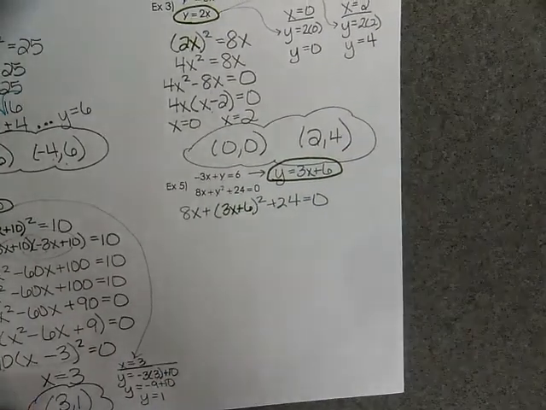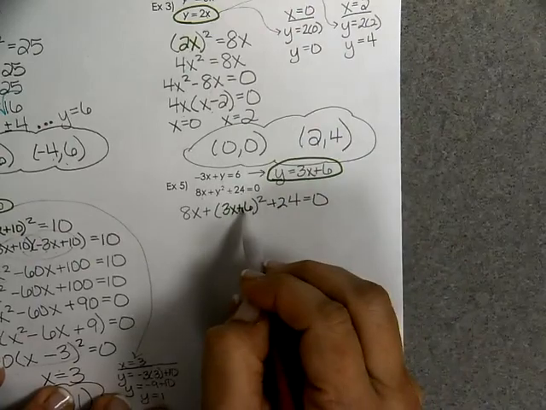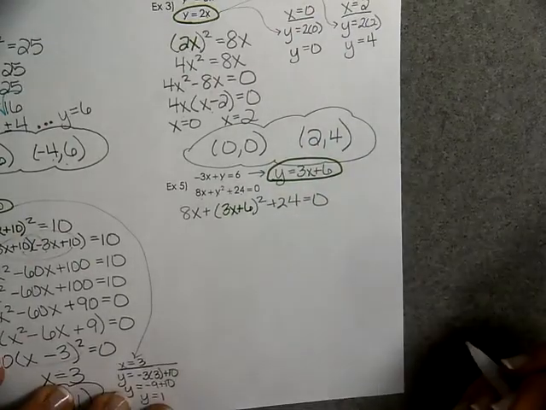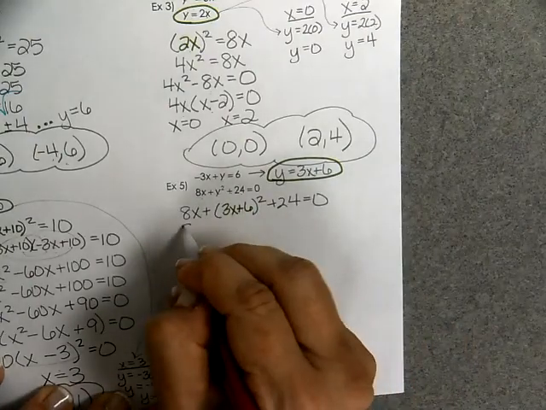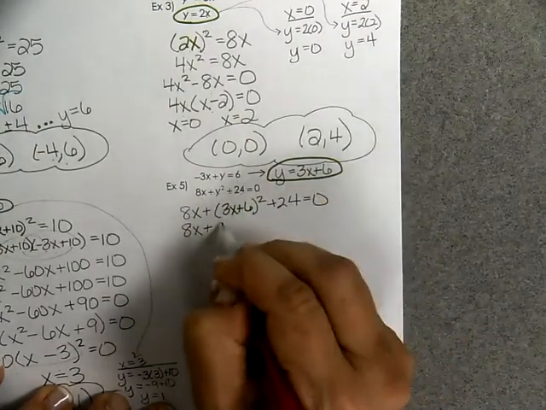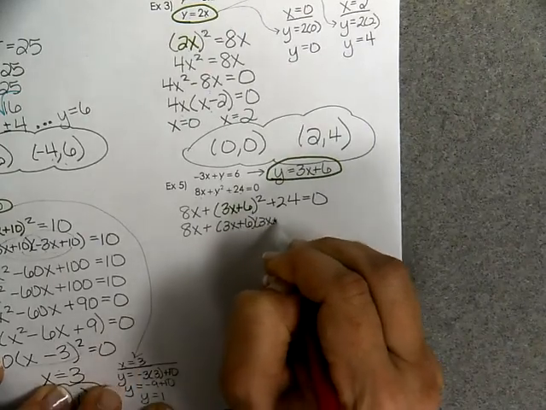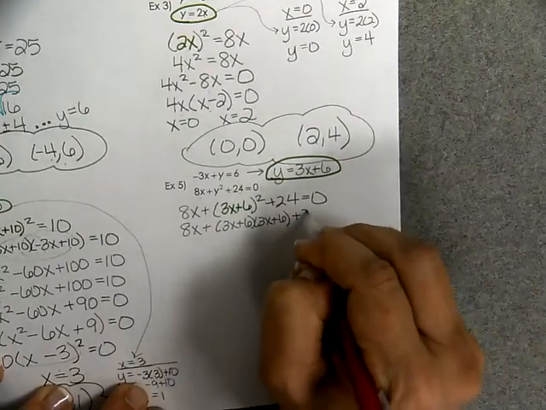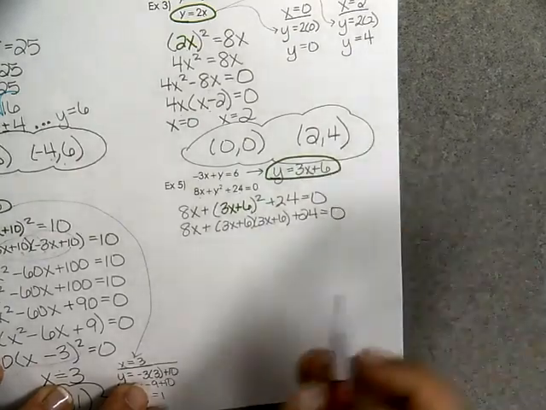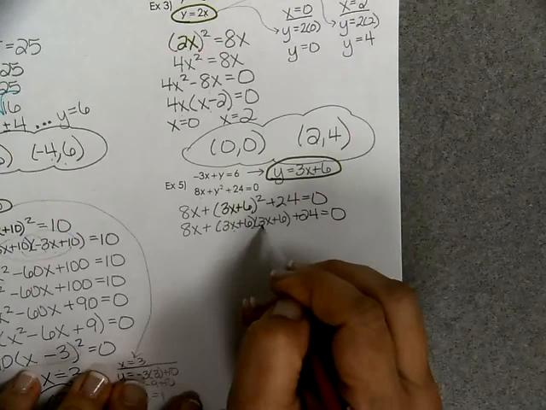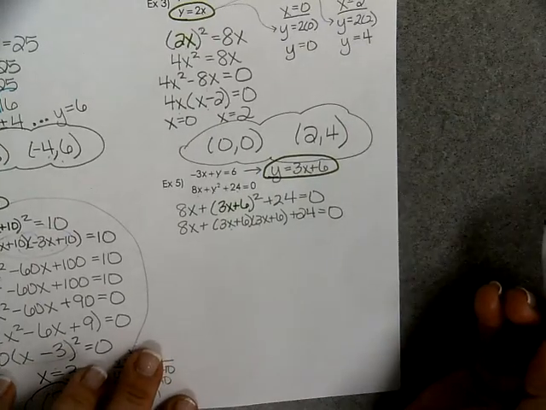So maybe let's put that in, and now we have an equation with one variable that we can solve. Again, we have a quantity squared, so we can write that quantity multiplied by itself. So I'm going to rewrite 3x plus 6 squared as 3x plus 6 times 3x plus 6.